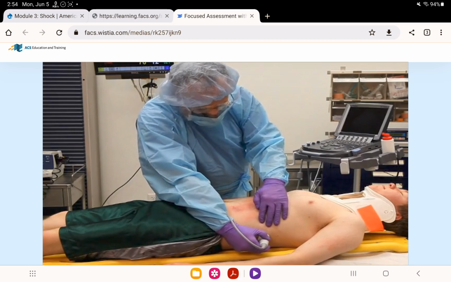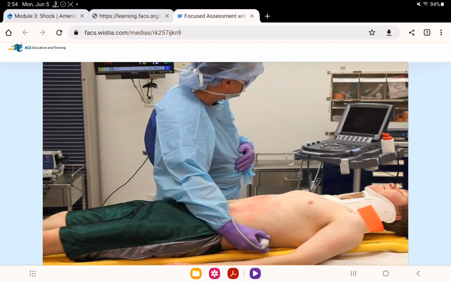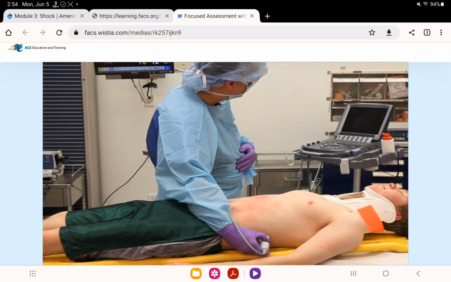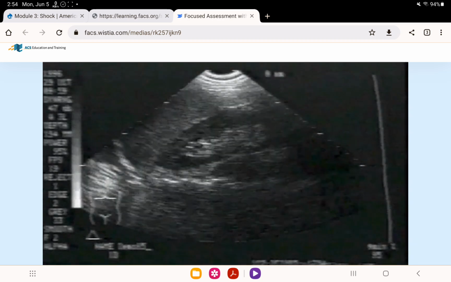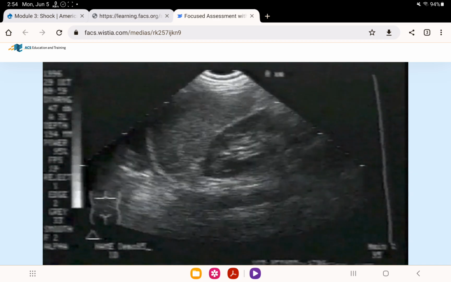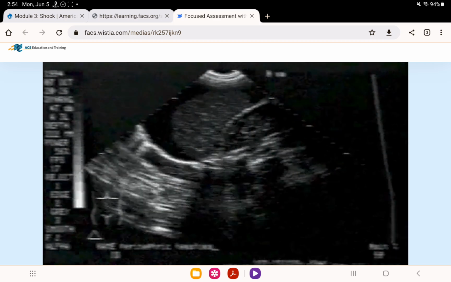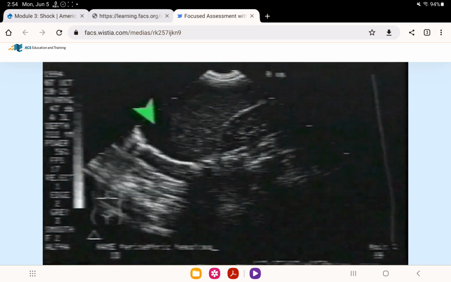The left upper quadrant view is a sagittal view in the mid-axillary line at approximately the 8th or 9th rib space. The diaphragm, spleen, and kidney interfaces are visualized, and as in the upper right quadrant, any fluid visualized is blood until proven otherwise.